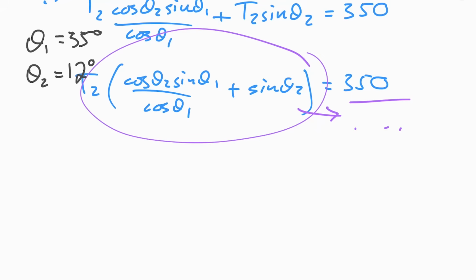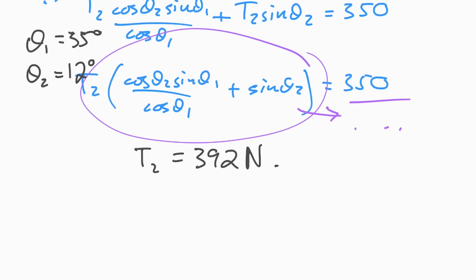There we go. Then add on, oh dear, is that right? I made a mistake here. Let's find out. Plus sine of 12. Looks okay, actually. No, it's fine. And then I'm going to say 350 divided by all of that, and I end up with a T2 of 392 newtons. That looks pretty good, actually.